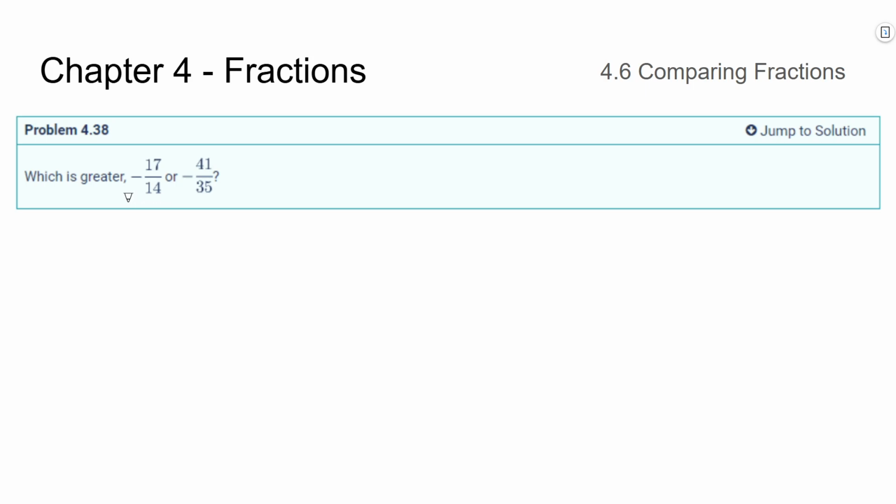All right, so which is greater, negative 17 over 14 or negative 41 over 35? All right, well, let's just get common denominators because we know that's what we need to do. So let's see. 14 and 35. Well, trying to think of an easy way to do this here.